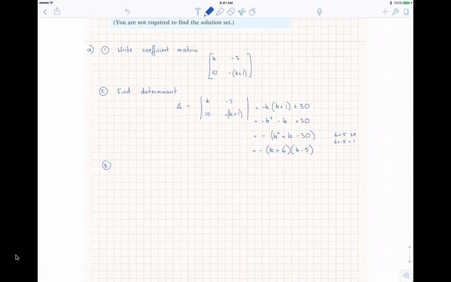Now what we know is there are unique solutions when the determinant does not equal 0. So we want to know when our determinant does not equal 0.